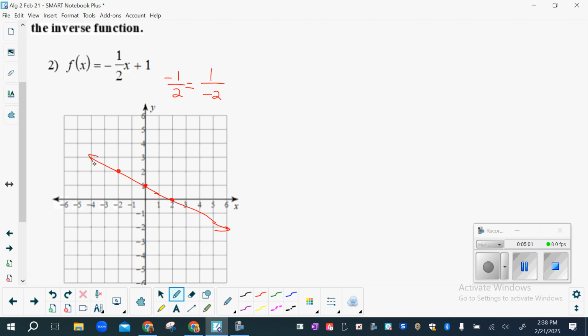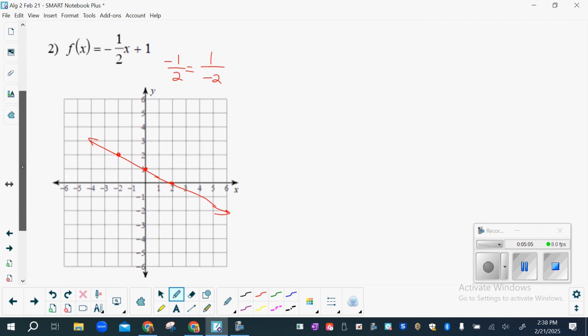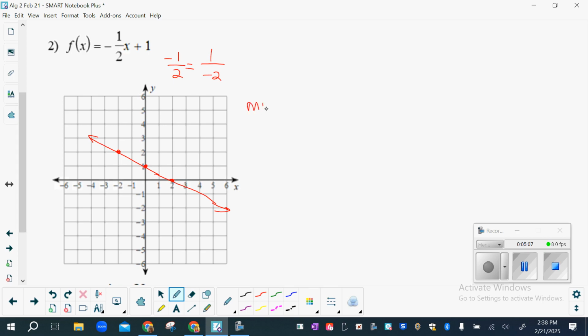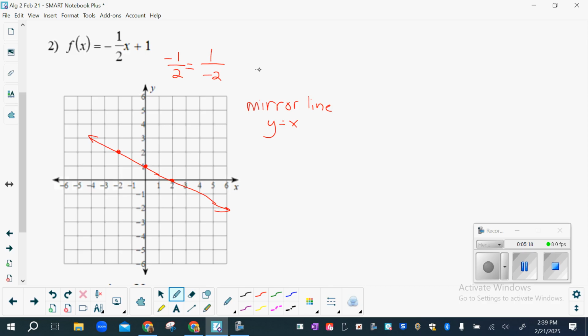So this says to use the mirror line to draw the inverse function. The mirror line, or the line of symmetry, is y equals x. I'm going to graph y equals x in black. What is my y-intercept on the line y equals x? 0.